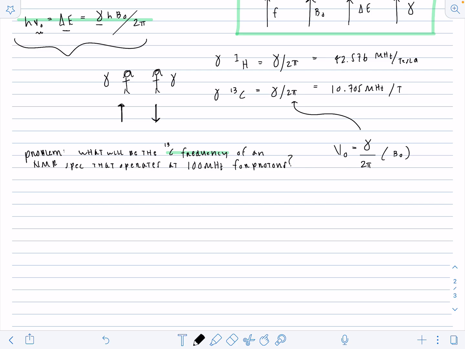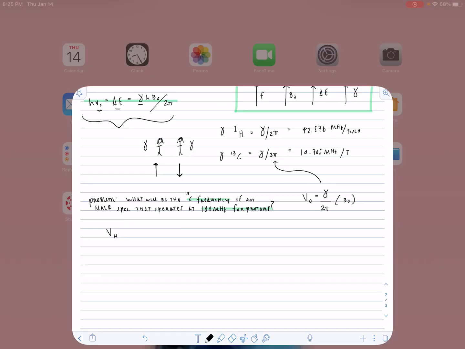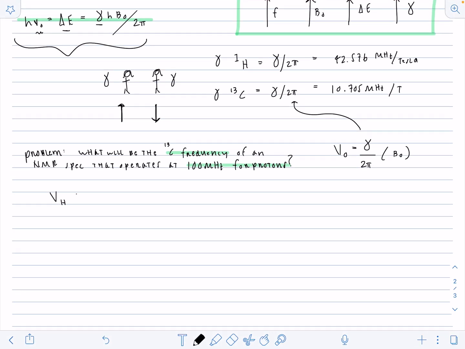We know that we're using the same spectrometer, but for protons, which means our hydrogens, our frequency is 100 megahertz. We don't know the strength of the external magnetic field, but we don't need to know that. So let's create two different equations. We're going to create an equation for the carbon-13 and then also for the protons. So here's my hydrogen equation.